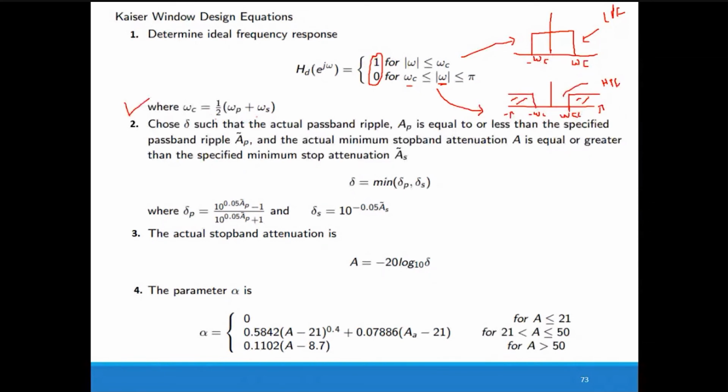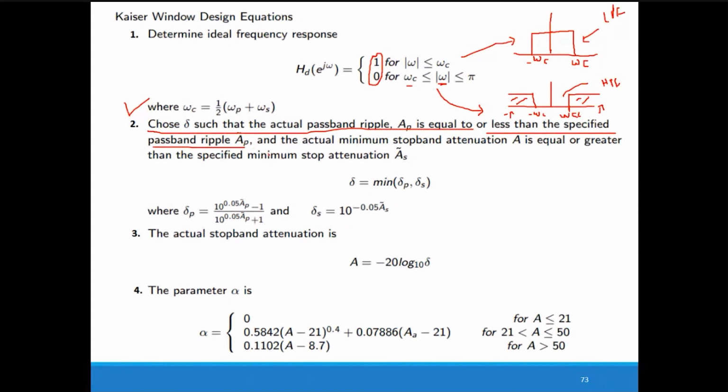Second, you have to choose the delta in such a way that the actual passband ripple AP is equal to or less than the specified passband ripple that we have discussed. AP tilde is nothing but the specified passband ripple, and AP is nothing but the actual passband ripple. So you have to define this delta in such a way that your actual value must be nearer to the specified value, equal or less than.